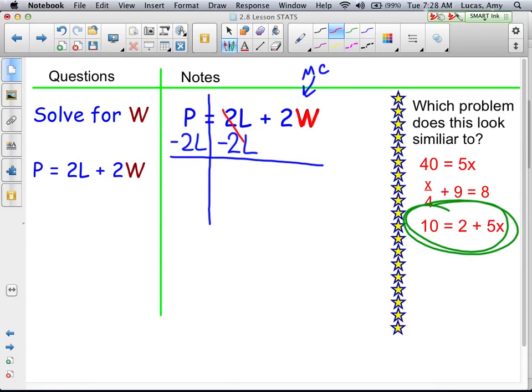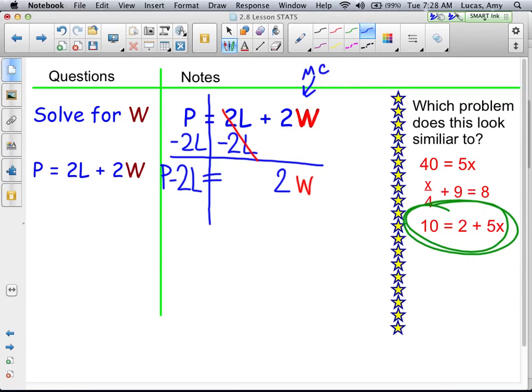Subtracting 2L on both sides, I bring down my W and my 2. Now, P subtracted by 2L, there's nothing that you can do, there's no shortcut there. They are not like terms. Remember, like terms have to have the same variable part.